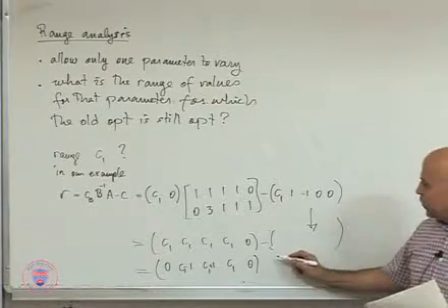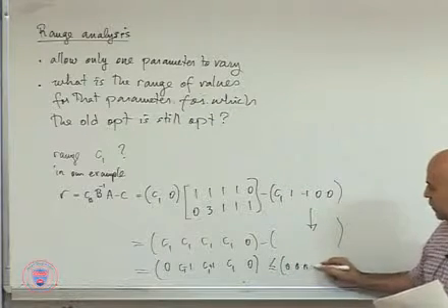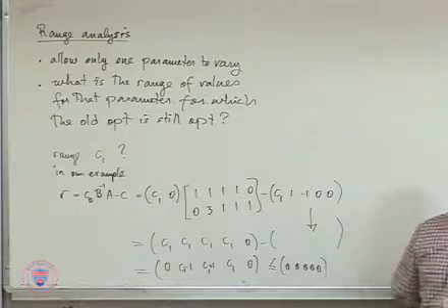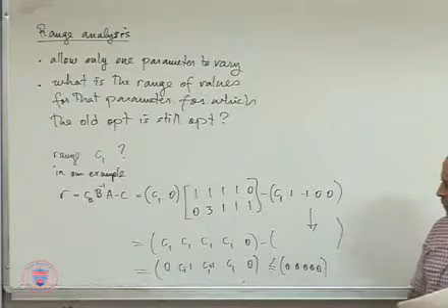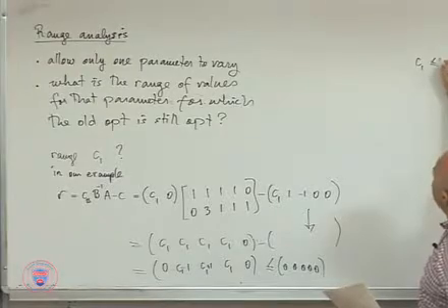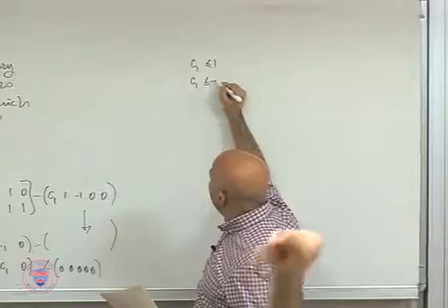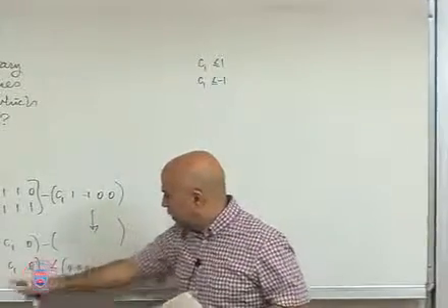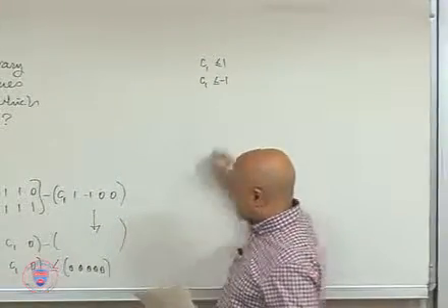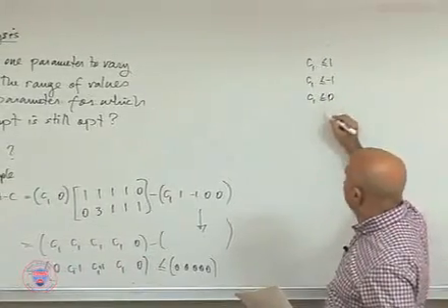And then for optimality, you want this to be less than or equal to 0 in each component. Okay? So that tells you C1 must be less than or equal to 1. C1 must also be less than or equal to minus 1. C1 must be less than or equal to 0.